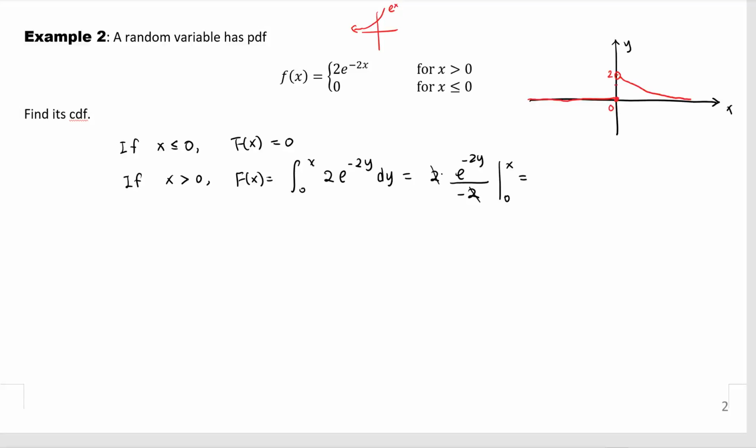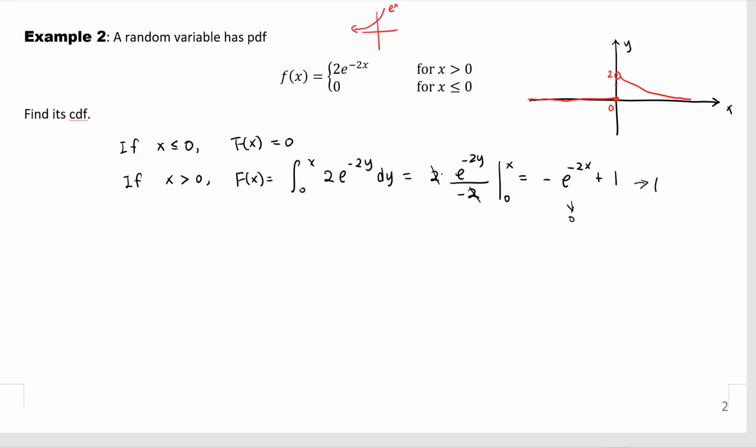The 2s cancel, so we plug in x first. And then minus, negative becomes plus, we plug in 0. E to the 0 is 1. So this is what we get. And you can see when x goes to infinity, this term goes to 0, so our answer goes to 1.